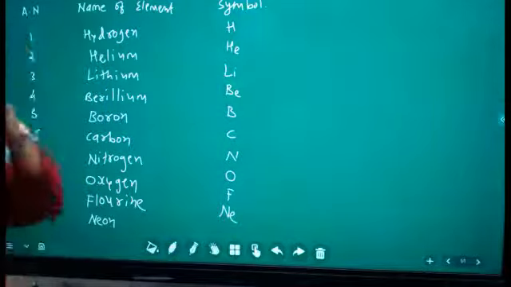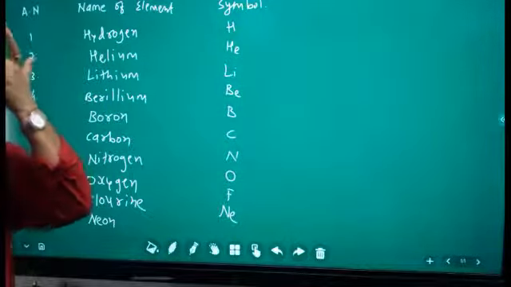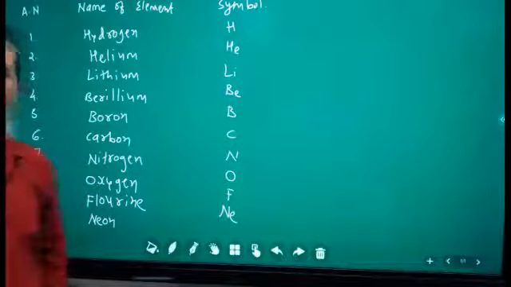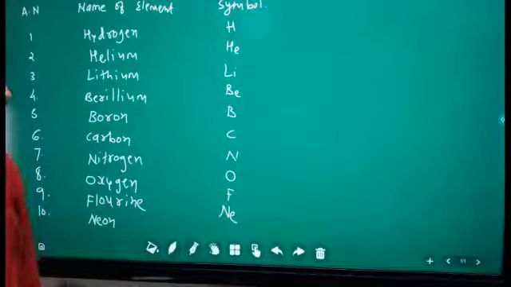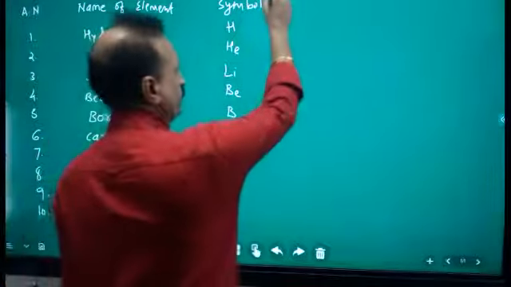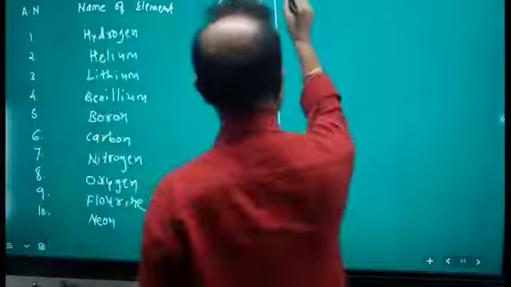These are the first 10 elements: hydrogen, helium, lithium, beryllium, boron, carbon, nitrogen, oxygen, fluorine, and neon. Next 10 atoms are from 11 to 20.